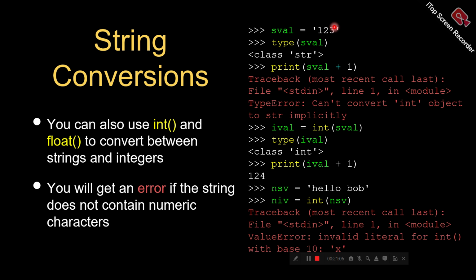Integer plus integer is possible, but let's try whether it will add up with an integer or not. This is your string value, so string plus integer, addition with an integer, is not possible, and it will throw an error again. So now we'll have to convert this string into an integer value. We'll create a new variable and use the integer function directly, with our string variable in brackets.